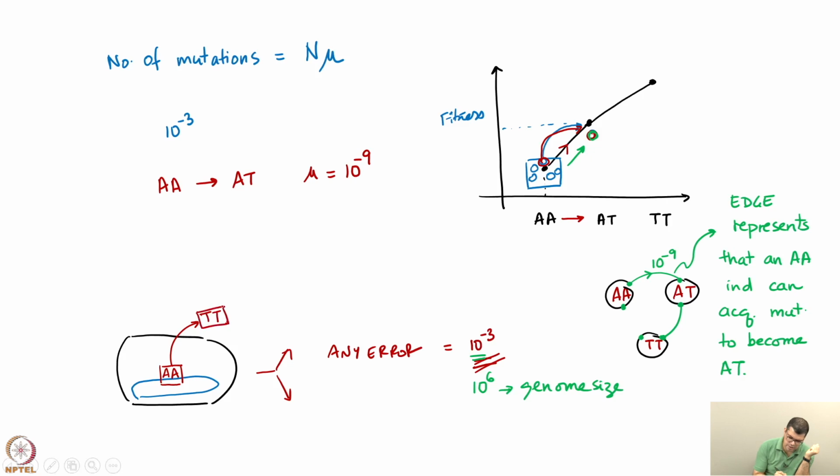I am seeking a change of 2 Hamming distance, because these two sequences are separated by 2 Hamming distance. The chance of one occurring is 10 to the power minus 9, as we have just seen, but the chance of the second one occurring is also 10 to the power minus 9, and the chance of both occurring in the same cell is 10 to the power minus 9 into 10 to the power minus 9, which is 10 to the power minus 18.